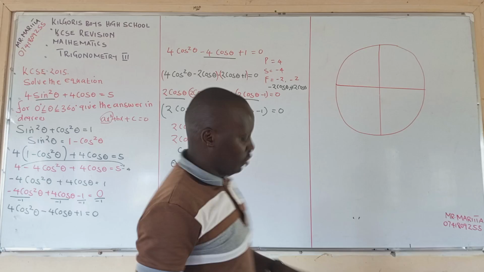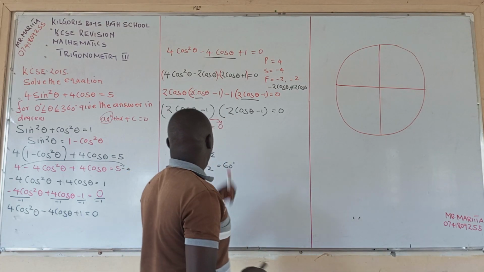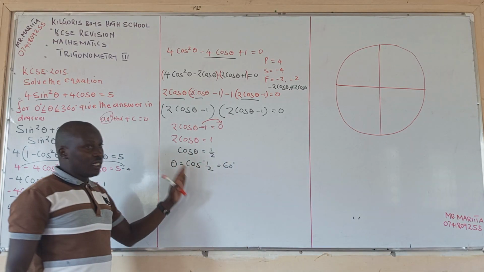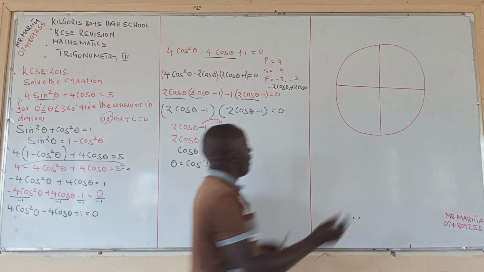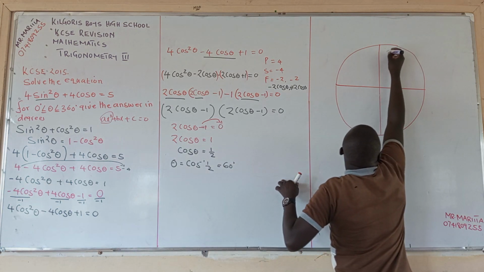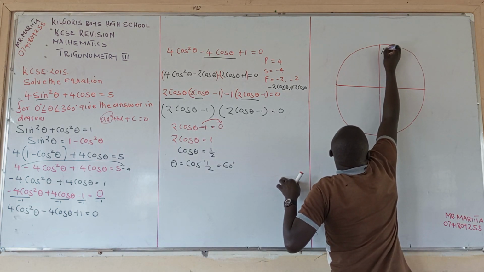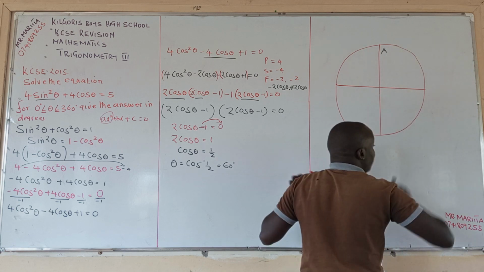After having this unit circle, we need to recall where cosine is positive. Here all of the trigonometric ratios are positive.